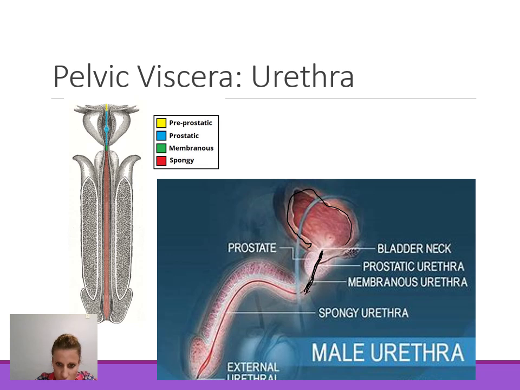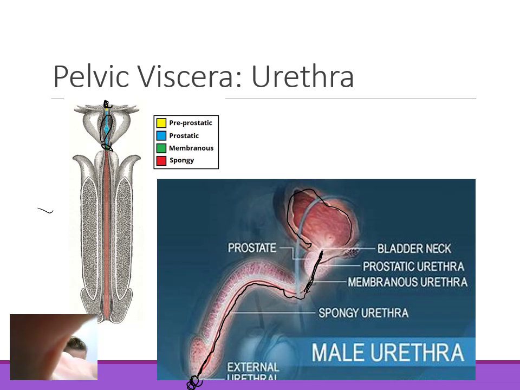And here it goes down the corpus spongiosum, all the way down to the glans penis, and then ends at the external urethral orifice. This is just color-coded into the different segments. Here's where the internal urethral sphincter is, the prostate, external urethral sphincter, and then down through the corpus spongiosum.